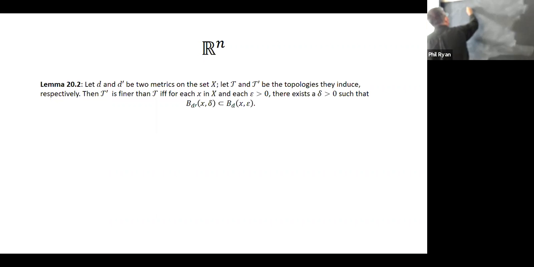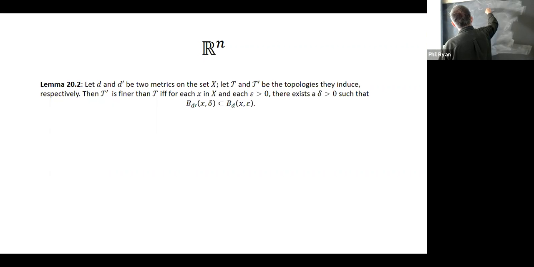And so this is basically rewriting 13.3 for metric topologies. So if this is finer than T, then given this ball here in the metric D, since this is finer than that, we can invoke lemma 13.3, which says: let curly B be a basis for T, and let curly B prime be a basis for T prime.